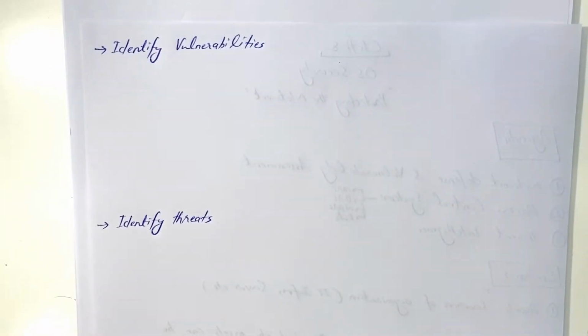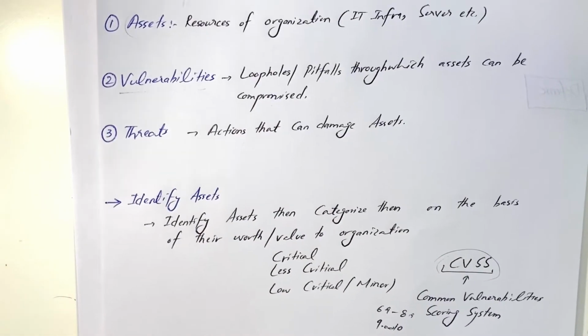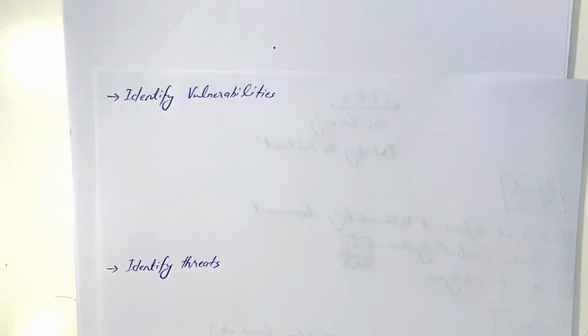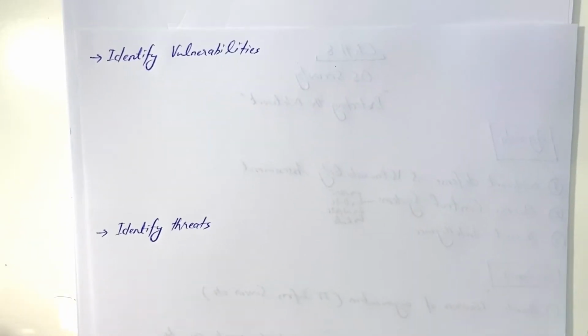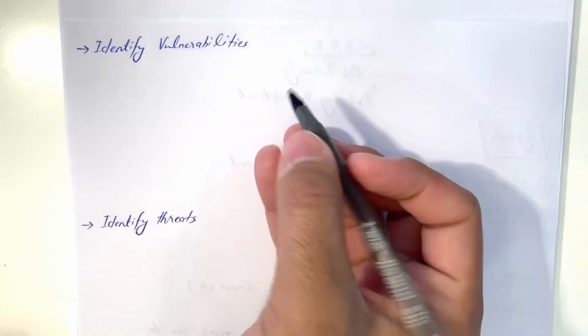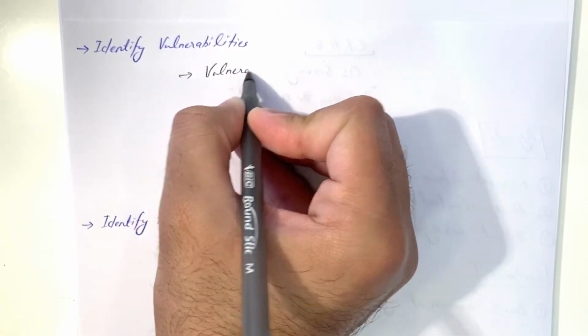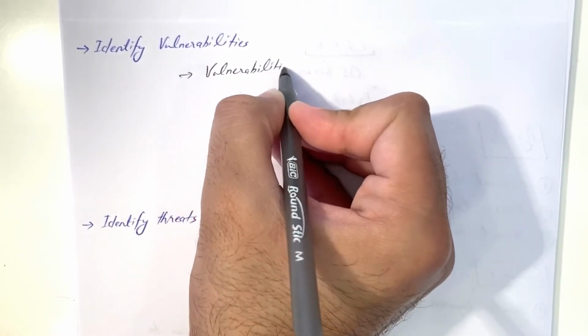Next is identify vulnerabilities. After we have finished identifying our assets, we are clear what the assets of our organization are and we know their worth as well. Next is to identify vulnerabilities and categorize the vulnerabilities as well. So we need to actually find out the vulnerabilities, what the different vulnerabilities are.